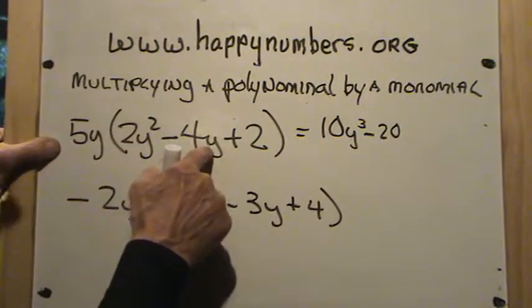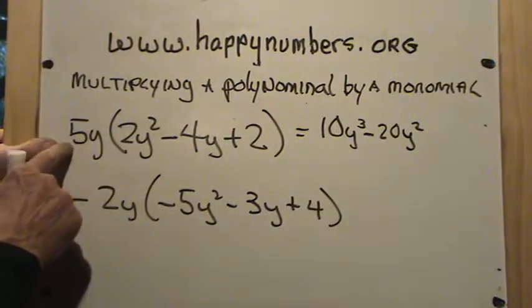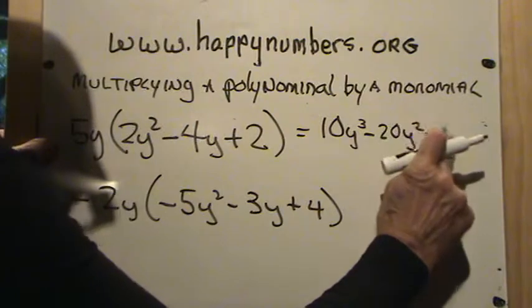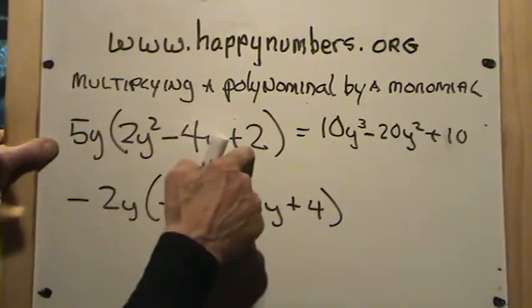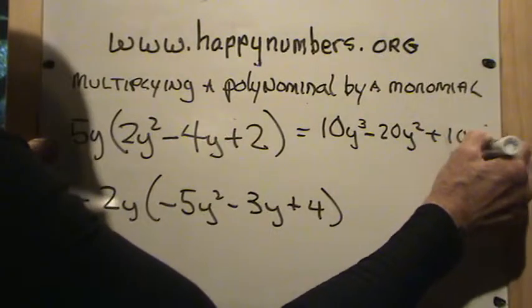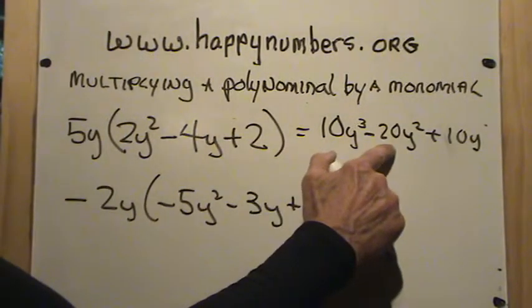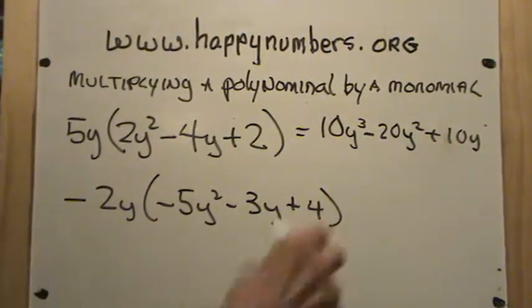Y to the first, y to the first, y to the second. 5 times 2, both positive, gives me 10. Y to the first, no variable there, so it's just y. So 10y to the third minus 20y to the second, or y squared, plus 10y.